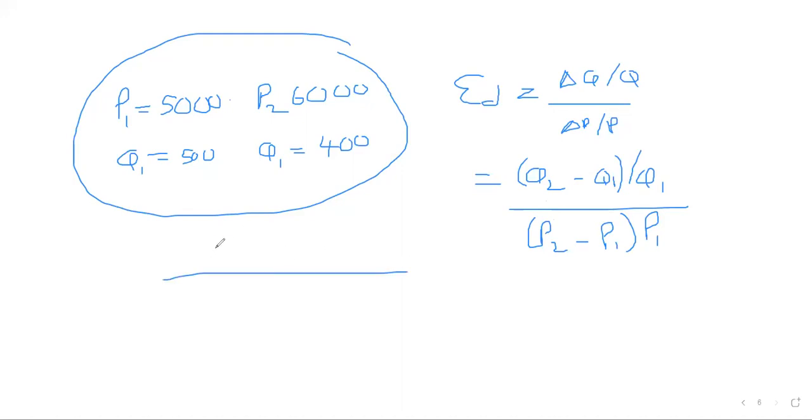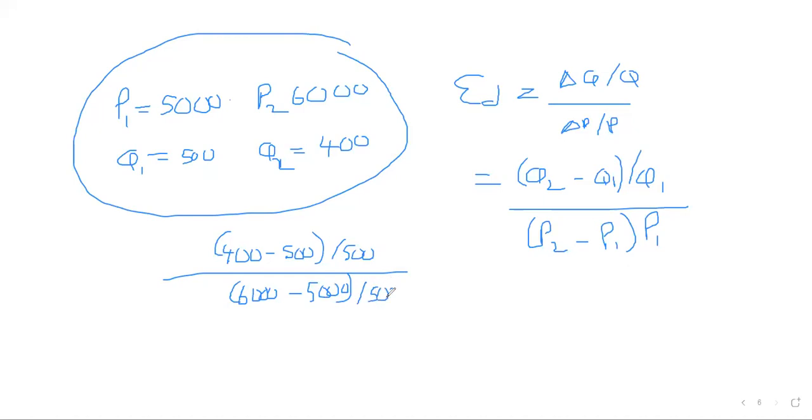Start with the quantities. So the original quantity, this was 500. 400 minus 500, divided by 500. Then here, 6,000 minus 5,000, divided by 5,000.